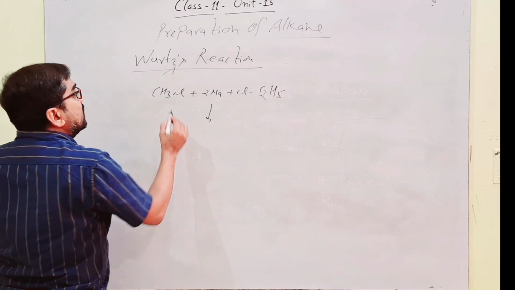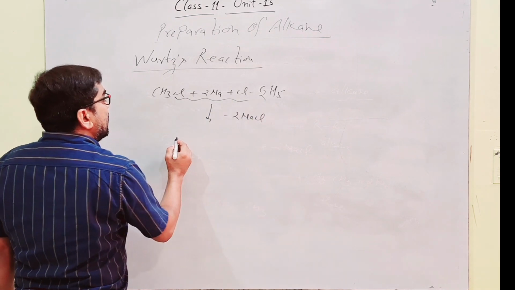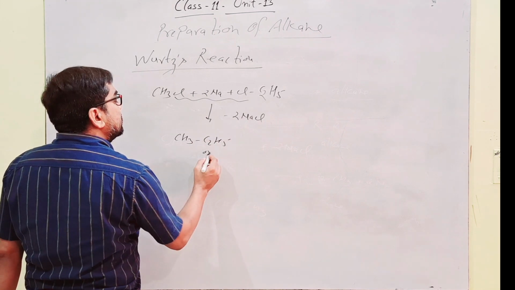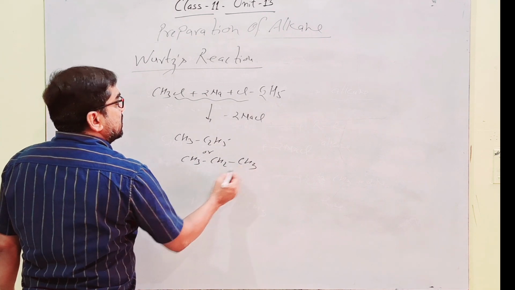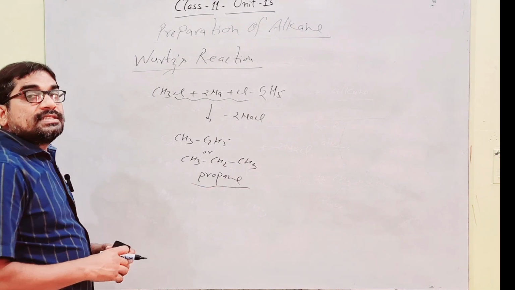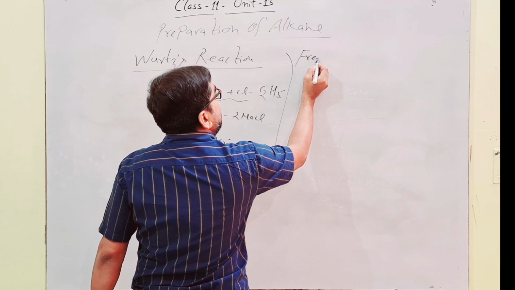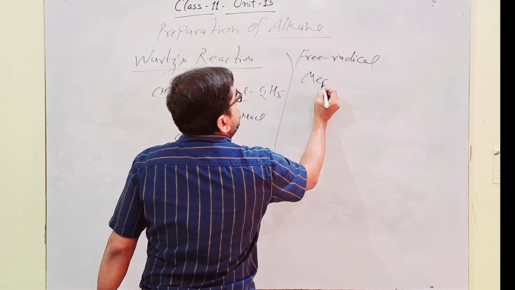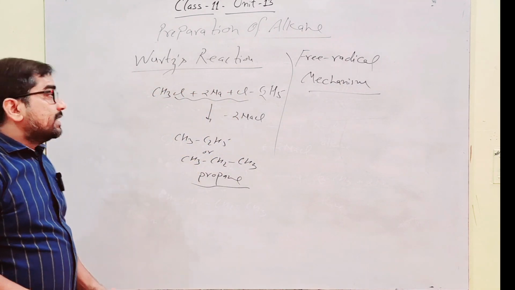CH3Cl plus C2H5Cl, elimination of 2 NaCl, and CH3 single bond C2H5, that is CH3CH2CH3, propane, is obtained. But this reaction is carried out by free radical mechanism, remember, it is carried out by free radical mechanism.